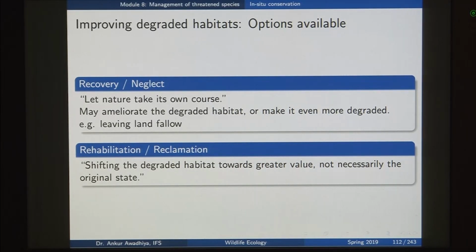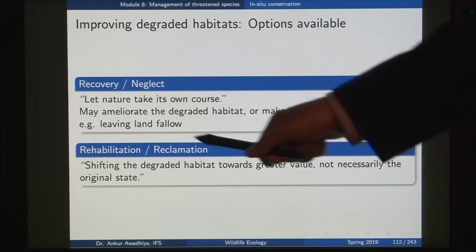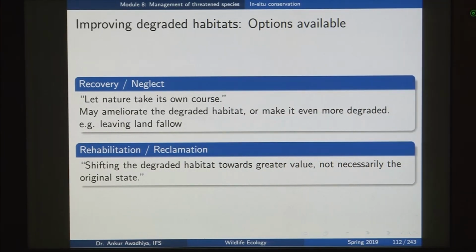But then in a number of cases this is more of a wishful thinking than what actually happens, because if you leave a degraded habitat as such, and if you are not removing the causes of degradation, then this area might become more and more degraded. So, as we saw in the case of areas that are becoming more and more desertified, you have a lot of overgrazing in those areas, say in the case of goats that we saw.